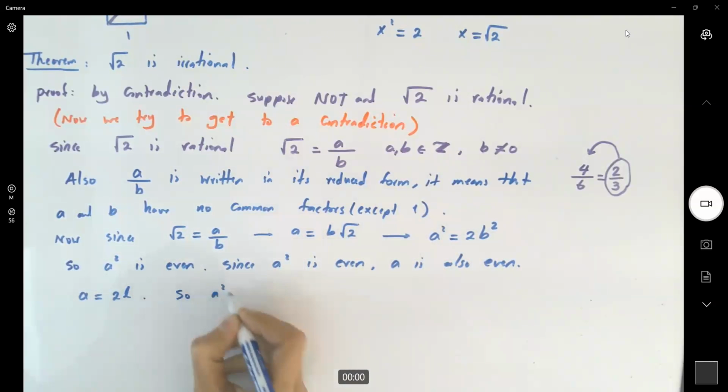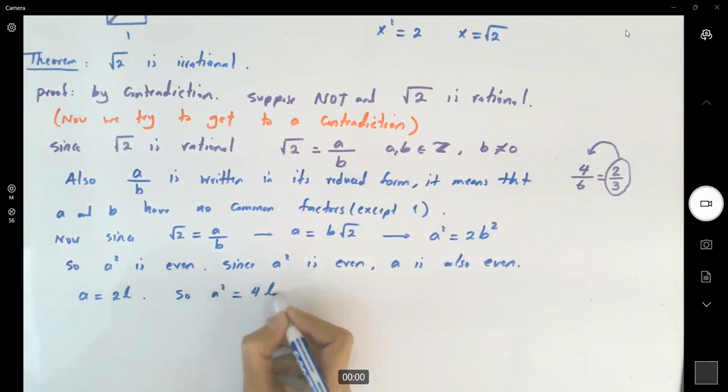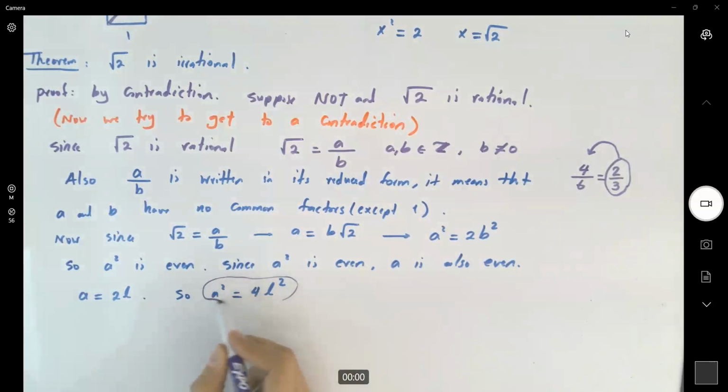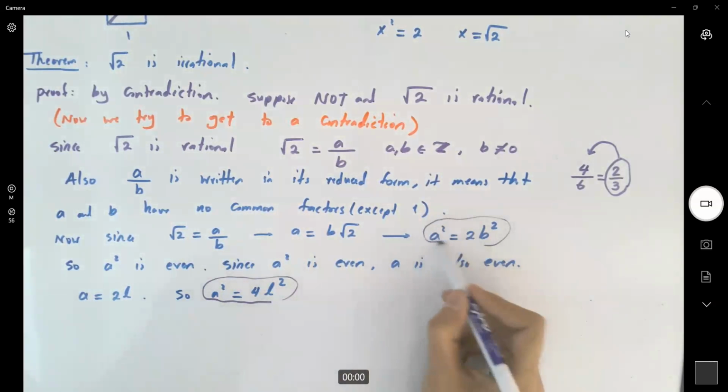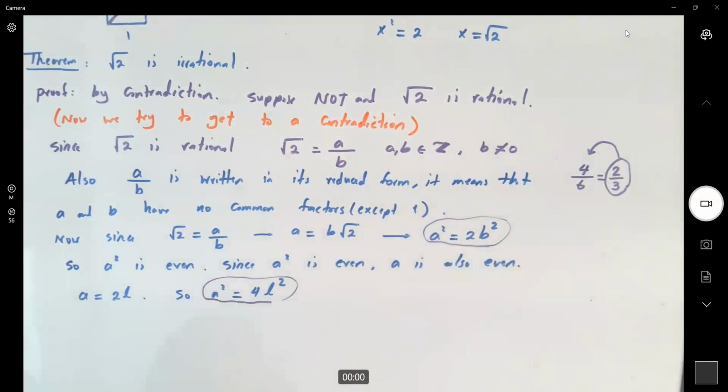So a squared is equal to 4L squared. Keep this. I have a squared equals 4L squared. I have a squared equals 2b squared.